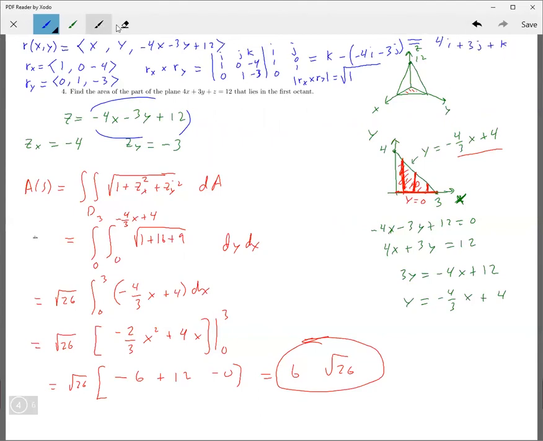So the i component squared is 16, plus the j component squared, which is 9, plus the k component, which is 1. And guess what that is? 26. Square root of 26. So boom, it's pretty much the same as that. If you work this way, you get the same thing as we worked it the other way, except you went through a lot more work, so maybe you feel good about that.